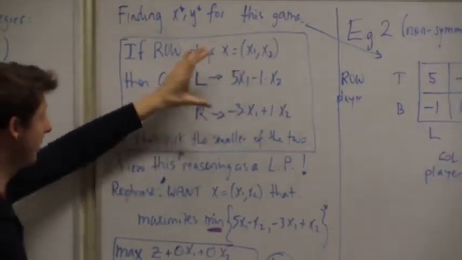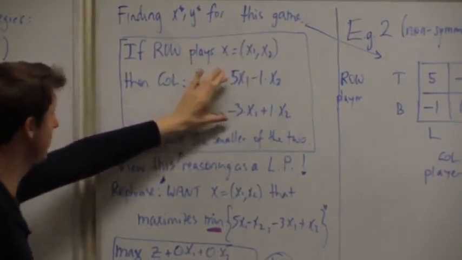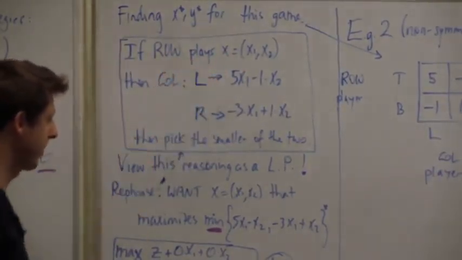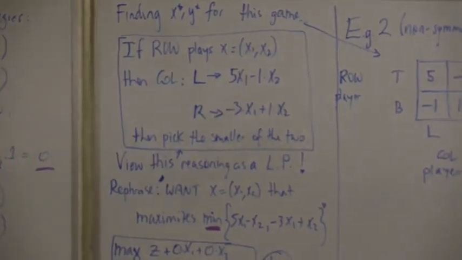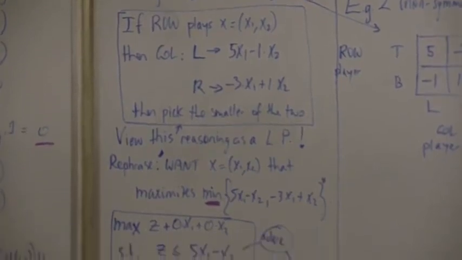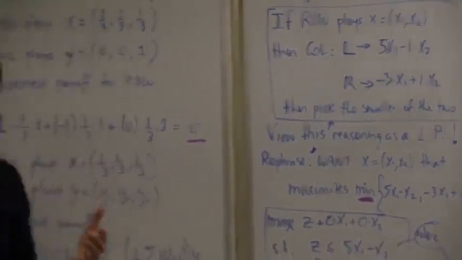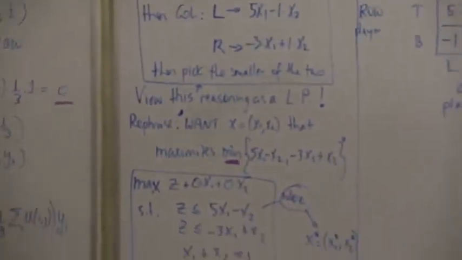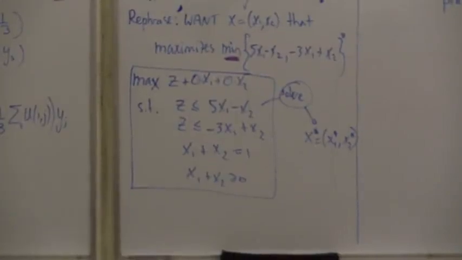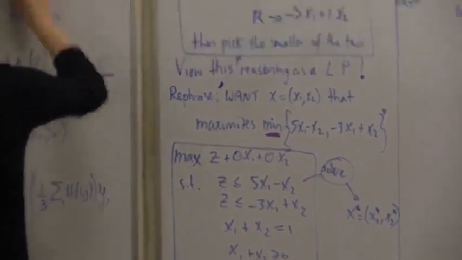If I play this, I'm going to experience the minimum of these two options, and I just want to maximize that. Okay? So I'm going to do this again for the column player, and then we're going to see that the column player's reasoning is actually the dual of the row player. So let's do that here.